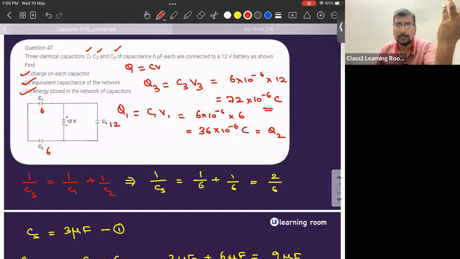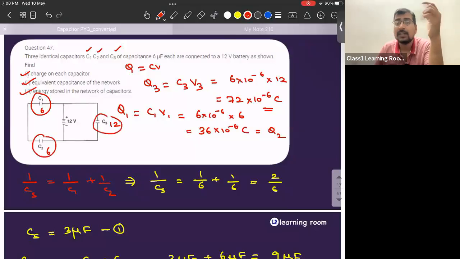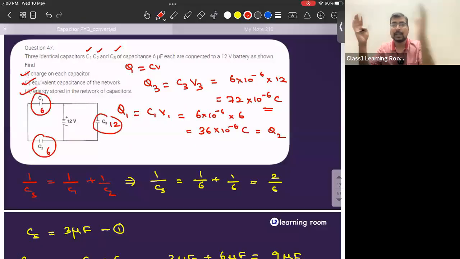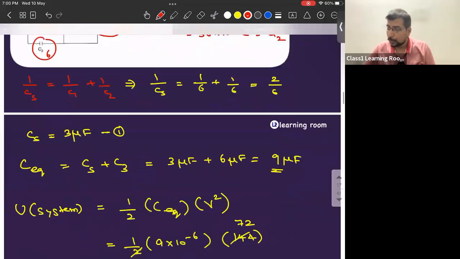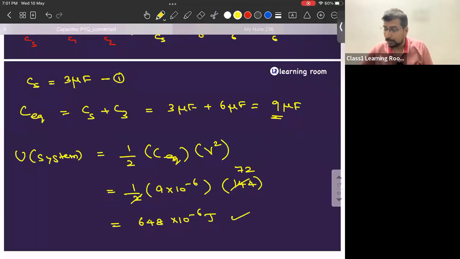So you can directly apply the formula. For the first one, it will be half C1 V1 square. For the second one, half C2 V2 square. Third one will be half C3 V3 square. If you calculate the individual values and then add them together, you should get the same value of 648 into 10 power minus 6. That is another important point to be noted.